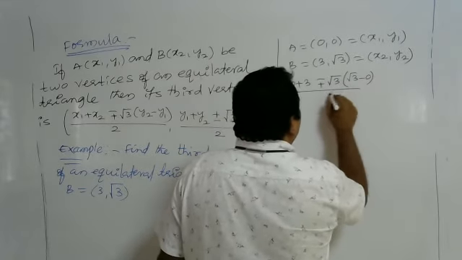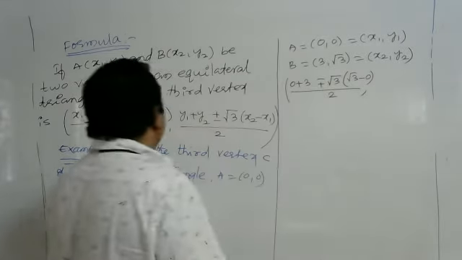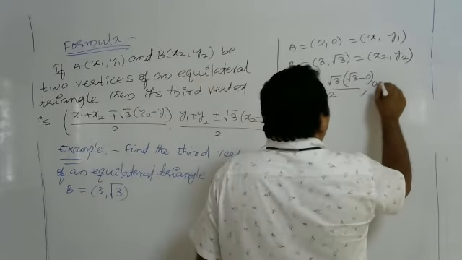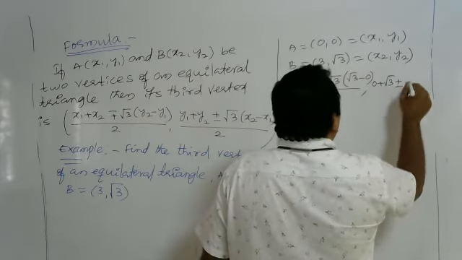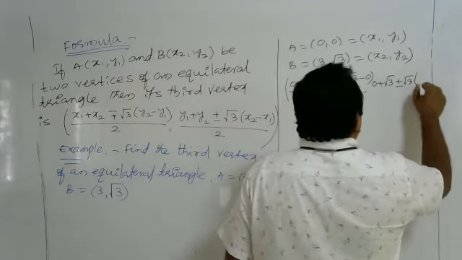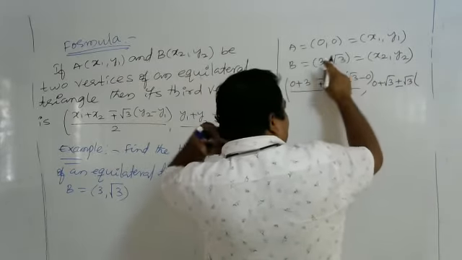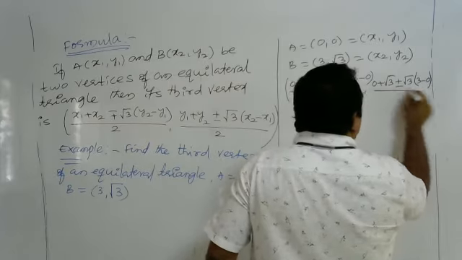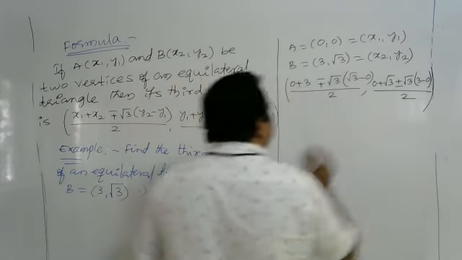divided by 2, comma, y1 plus y2, so 0 plus √3, plus or minus √3 into (x2 minus x1), 3 minus 0, divided by 2.